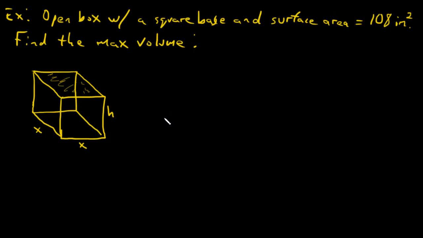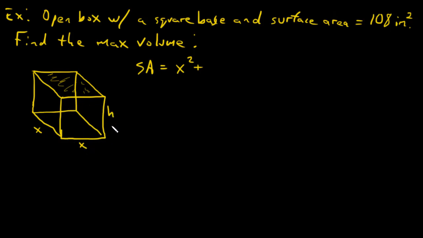Now the surface area is equal to 108 square inches. Okay. Here we go. How do I calculate the surface area? Well, surface area is going to equal, for this box, I'm going to have one bottom, and that area is going to be x squared. And then I'm going to have 4 sides. And each of the sides is what area?